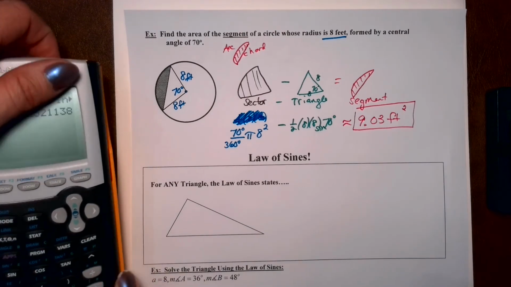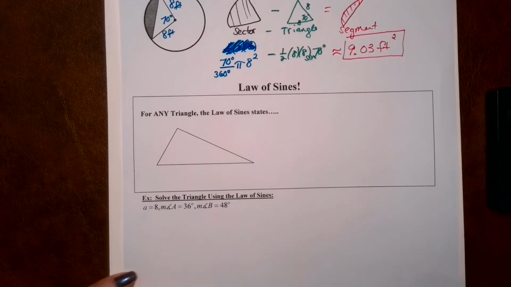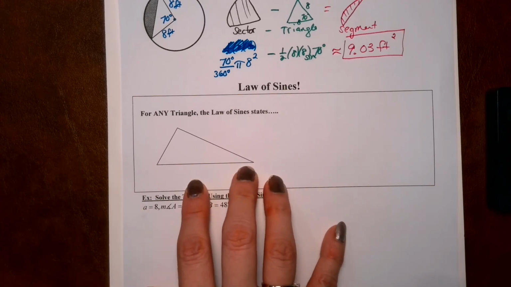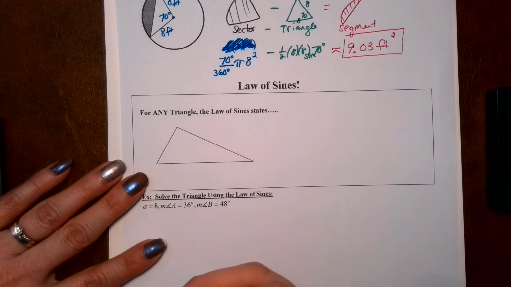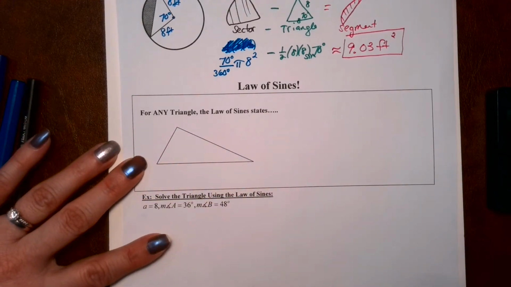Okay, we're going to now take a look at the law of sines. The law of sines is a very useful formula here to figure out triangles because it's good for any triangle. So it's more powerful than the Pythagorean theorem or SOHCAHTOA because we don't have to have that right angle.